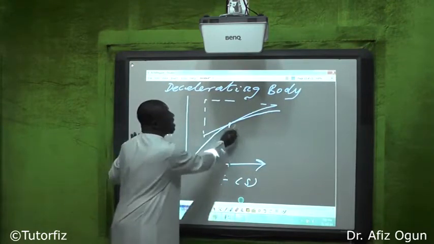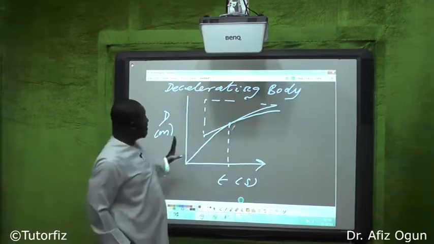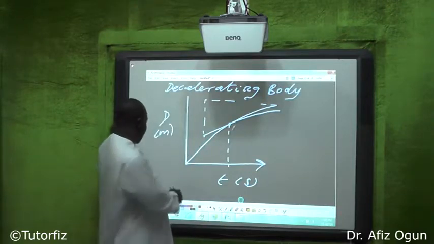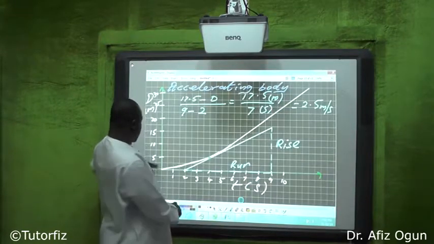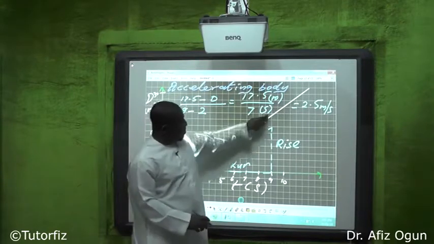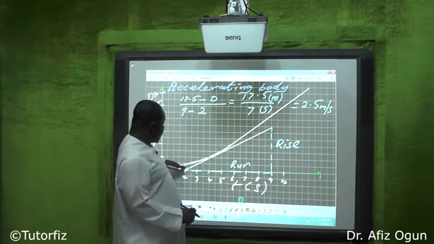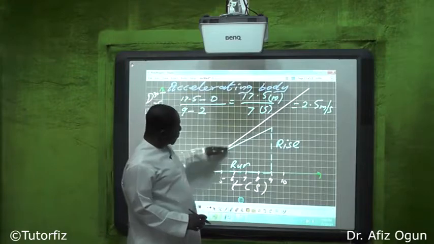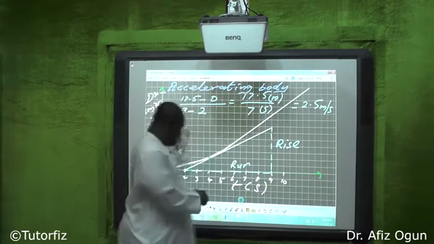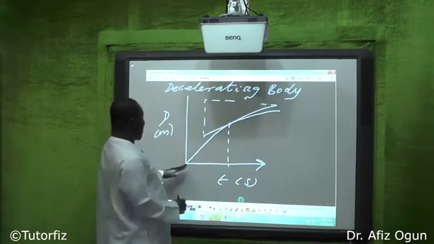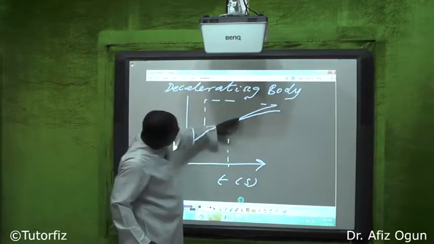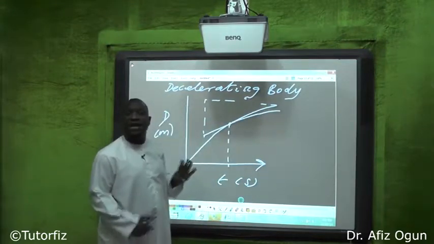It may be here, it may be here. You can see a decelerating body is exactly opposite of an accelerating body. Moving slowly, low speed, changing the speed to become high. But the other one, moving at a fast speed at the beginning, slows down.